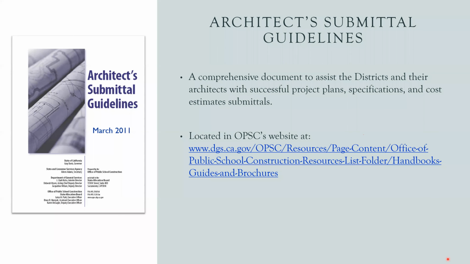Okay, architect submittal guidelines. So what are the architect submittal guidelines? Well, this is a comprehensive document to assist the district and their architects with a successful project plan, specification, and cost estimate submittal. This is a wonderful resource for districts and for architects, because it goes into a lot more detail on what I just talked about in this presentation.